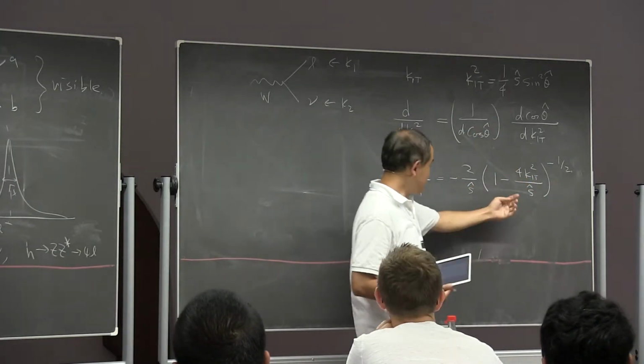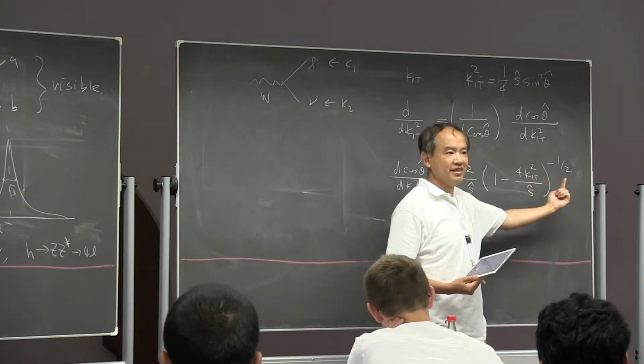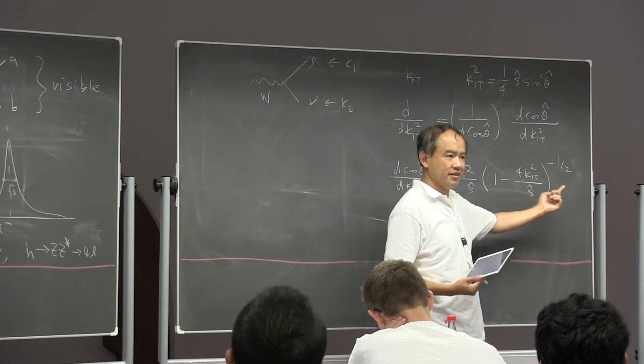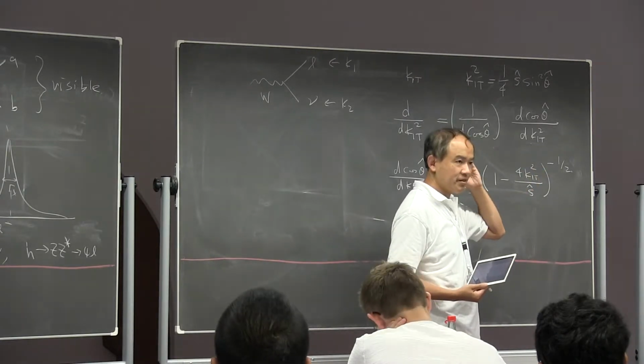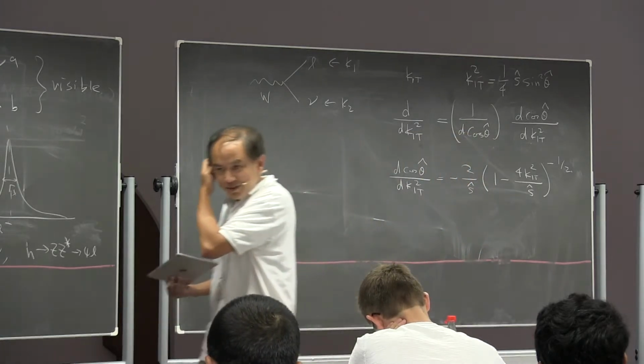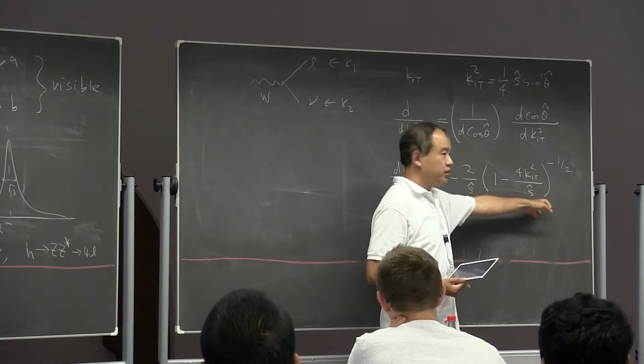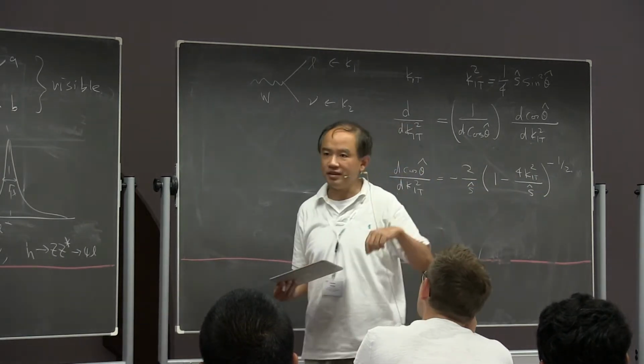Of course, the distribution will stop beyond the singularity, because there you violate energy conservation. The kT is constrained to be less than half of the center of mass energy.